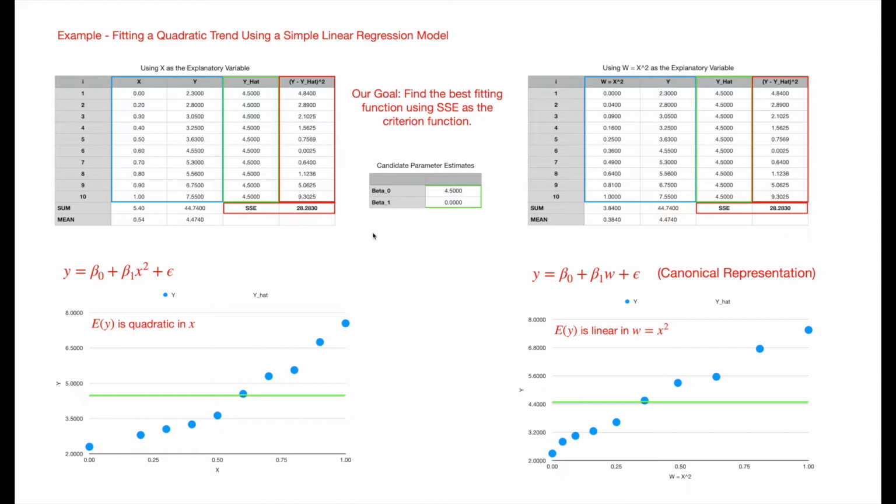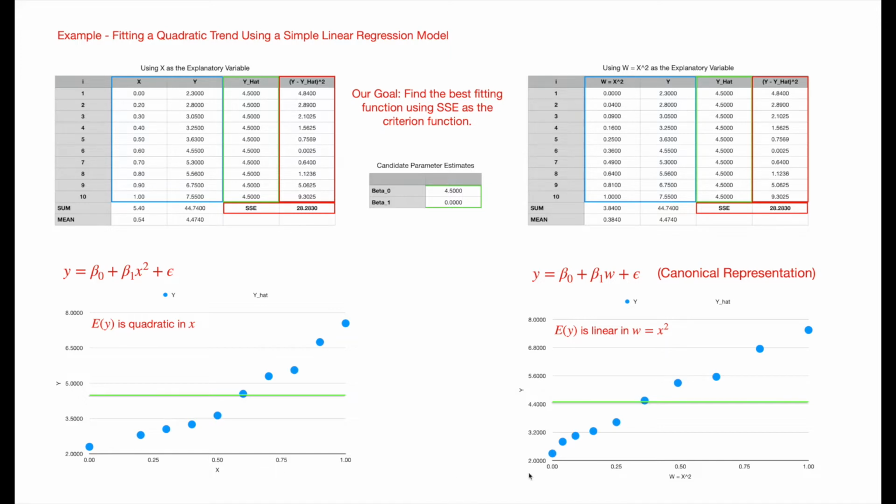representations. Now below each of the data sets, I have a graph where I've created a scatter plot of the data for the respective data sets. And so in the graph on the lower left, I have a scatter plot of the data, and I have y on the vertical axis, that's the response variable, and on the horizontal axis I have x.